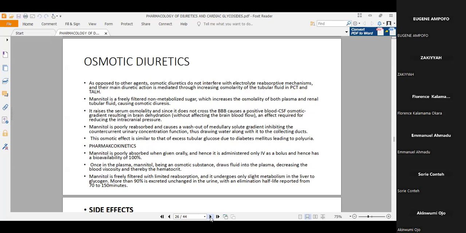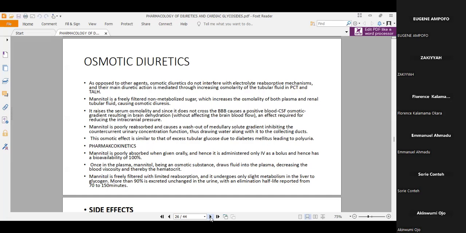It raises the serum osmolality, and because it doesn't cross the blood-brain barrier, it creates a positive blood-CSF osmotic gradient, and this is the mechanism.